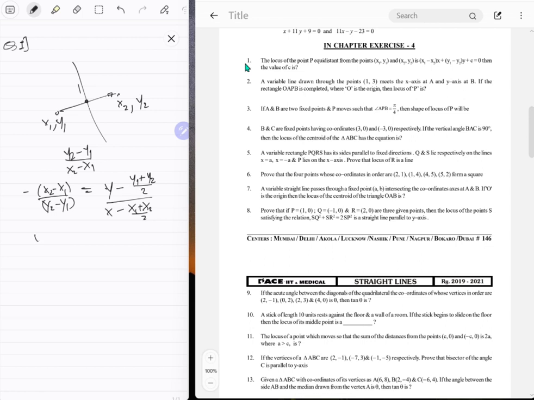Let's do this thing. So (y minus (y1 plus y2) upon 2) times (y2 minus y1) plus (x minus (x1 plus x2) upon 2) times (x2 minus x1) is equal to 0.